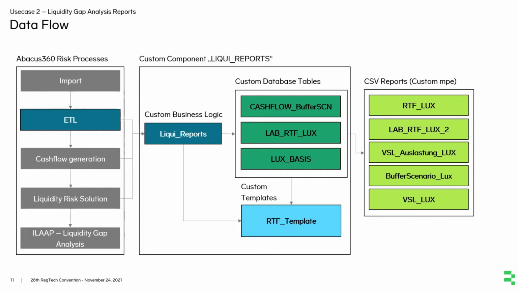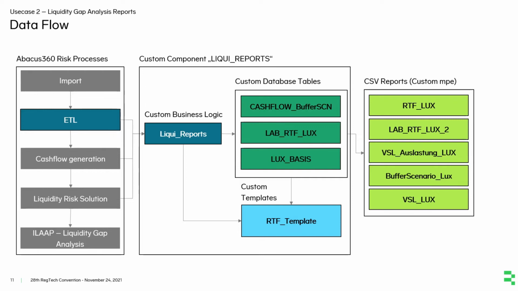The business logic of the liquidity reports component is used to fill the different custom database tables based on contractual and economic cash flows that are delivered by the feeder system and that originate from systems like Mirax and is transformed by the ETL, as well as the behavioral cash flows that are generated by Abacus360 Risk.